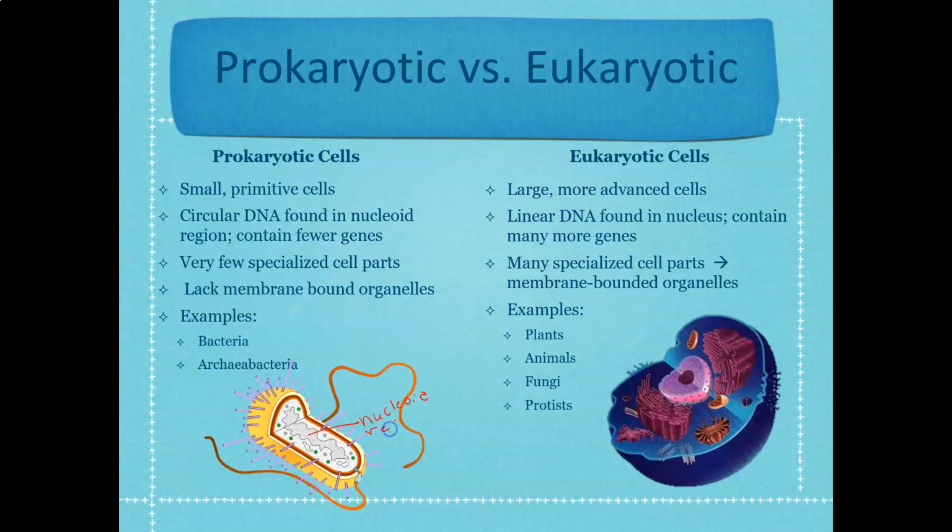There is no membrane that surrounds their genetic information and keeps it separate from everything else. Whereas your eukaryotic cells have a true membrane-bound nucleus. And so their DNA that sits in there does look a little bit different depending on whether we're talking prokaryote or eukaryote.